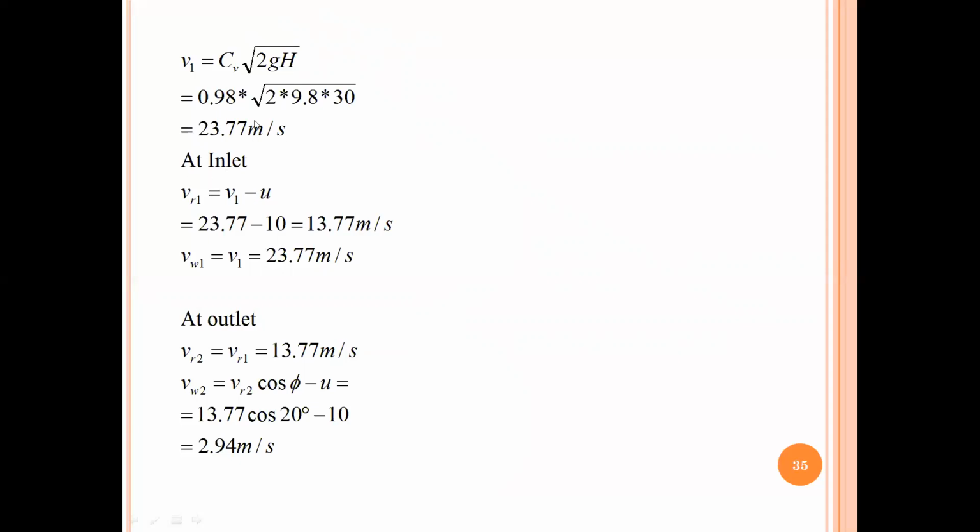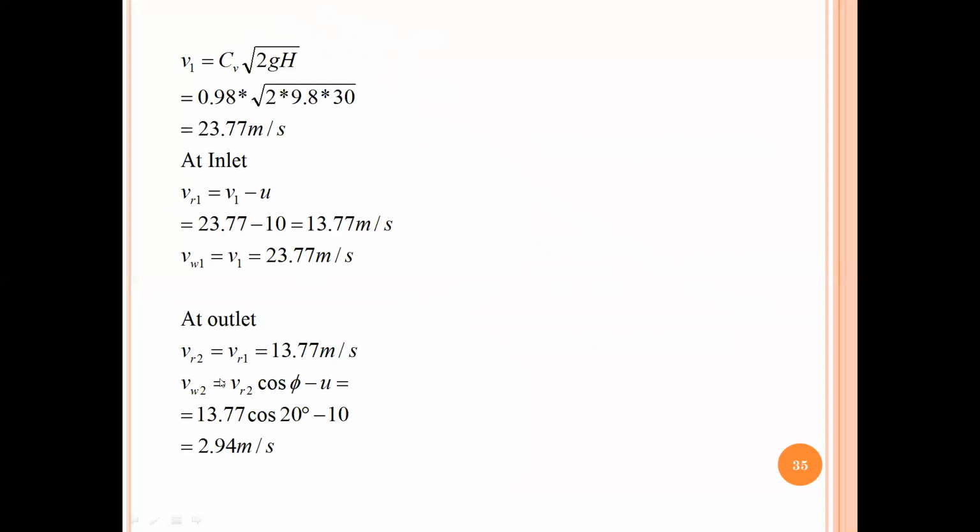So at inlet, very clearly, these steps are very important. At inlet, VR1 I'm calculating, V1 I've calculated already, minus U, that is 10. So I get the relative velocity as 13.77 meter per second. Then for my work done, I need to calculate VW1, that is equal to V1, that is 23.77 meter per second.